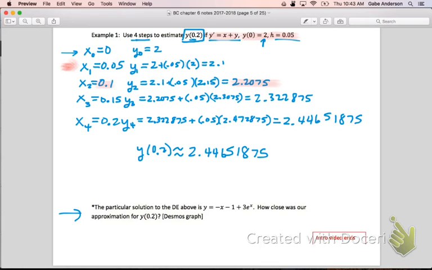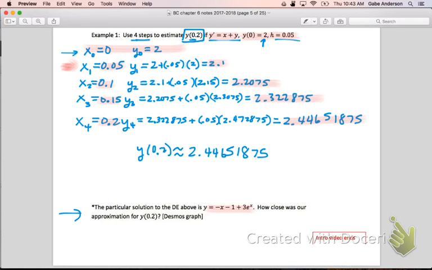Keep in mind these points right here: 0, 2; 0.05, 2.1; the x2 and y2 there; 0.15, 2.322875; 0.2, and so on and so forth. I'm going to have all those points listed on this graph along with the actual solution, which is right here.